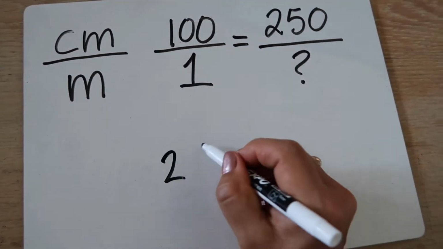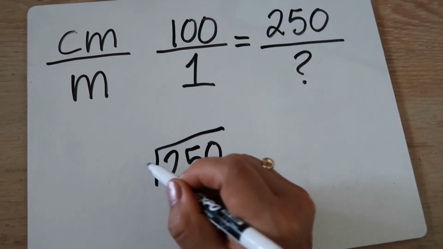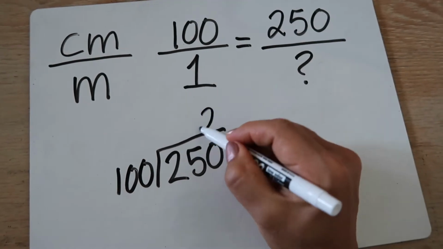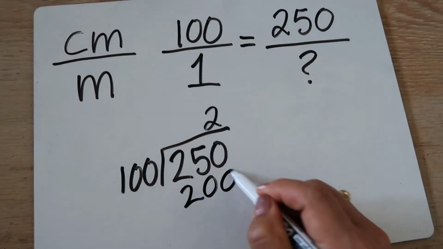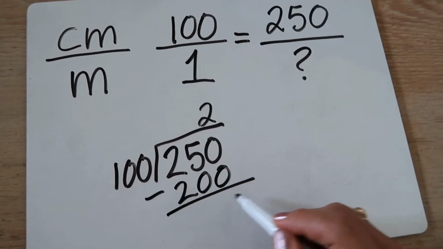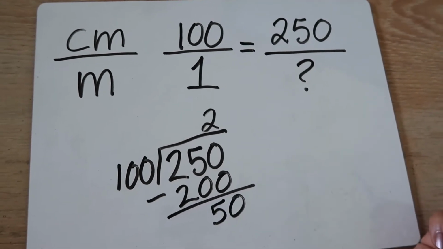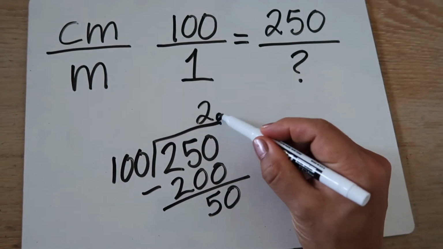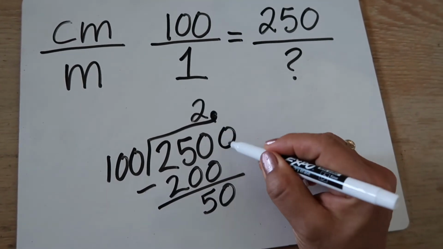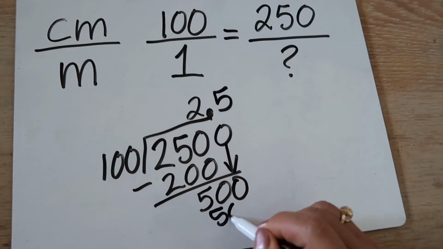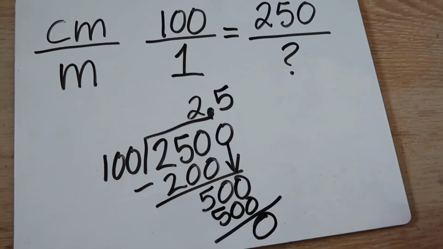How many meters? Okay, well, if we cannot think of the factor that we can go from 100 to 250, we can just divide. 100 times 2 equals 200. Subtracted from 250 will give you 50. Then you can add a decimal so that you can continue dividing and add a 0. Bring it down. So 100 times 5 will give you 500.